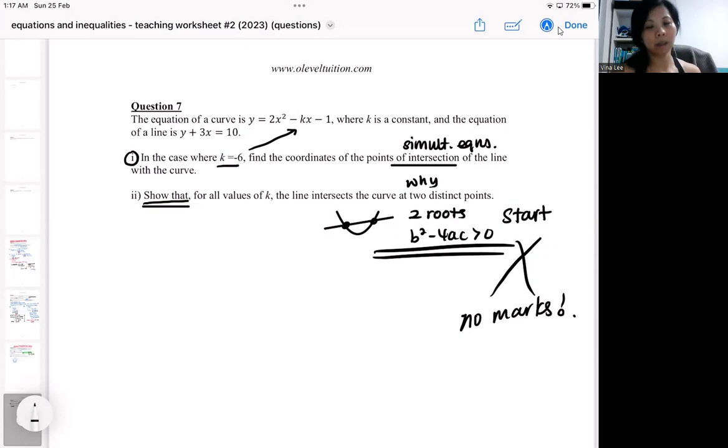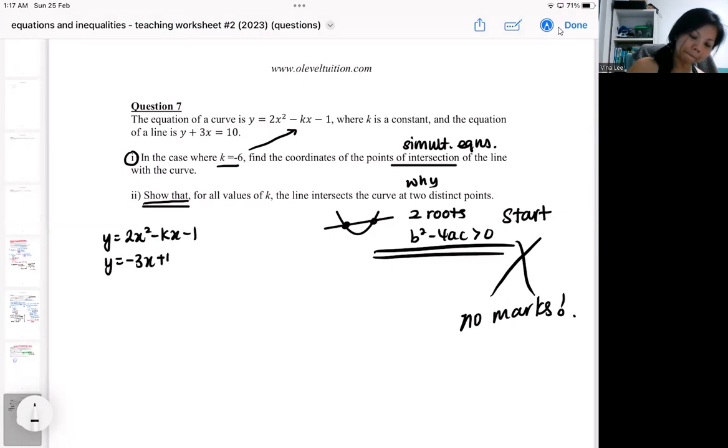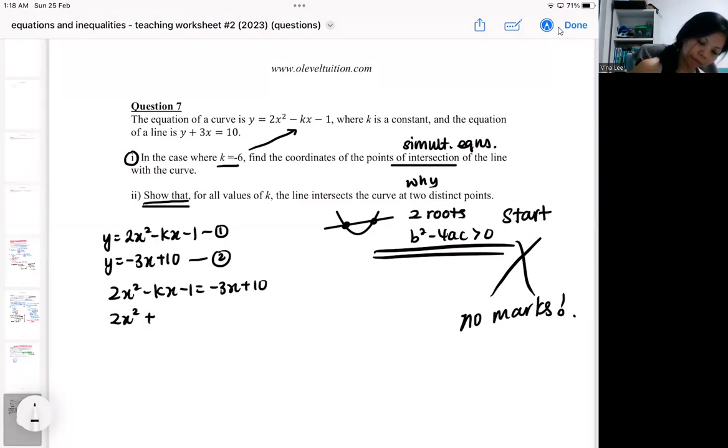You are supposed to explain. You are not supposed to start with what you eventually want. So what you should do is get your discriminant first. Get your discriminant by doing the simultaneous first. You need the simultaneous to get your a, b, c.